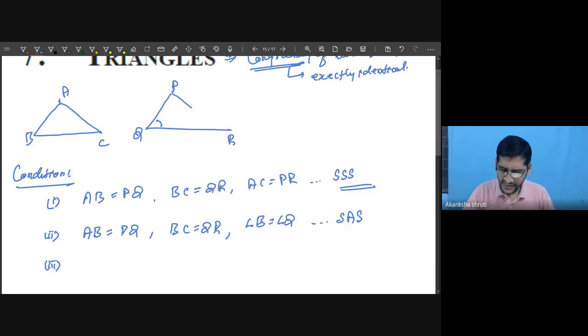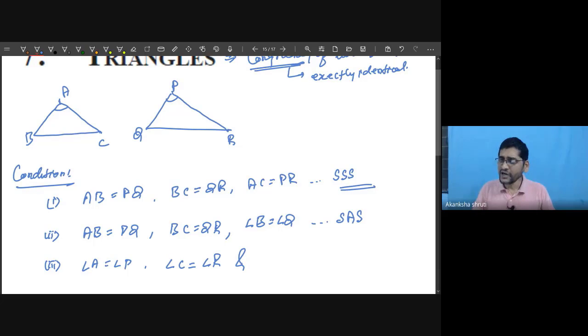We are free to take any two angles as equal. Let us take angle A equals angle P. Any other angle can be taken. Let us take angle C equals angle R.